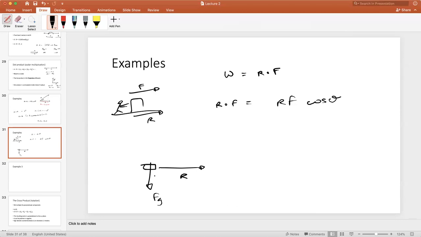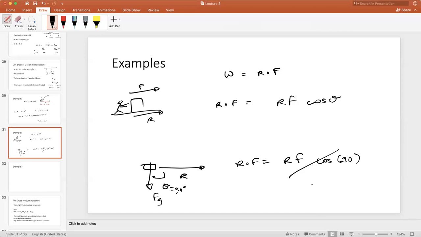And these two have an angle of 90 degrees, actually negative 90 degrees. So the work done here is the dot product of r and F, and that's r F cos of 90 or negative 90. And this whole thing is 0 because cos of 90 or negative 90 is 0.